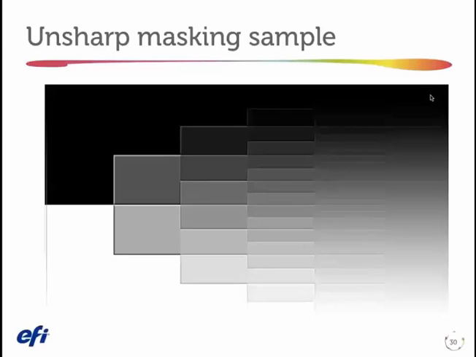So here's an example of digital Unsharp masking. I've just created a black and white sample here for you, a grayscale sample, that shows different levels of difference between the edges. And I've applied truly a massive amount of Unsharp masking so that you can see this on the WebEx. But what you see is that there is an extra dark and an extra light line drawn on each side of these borders, okay?